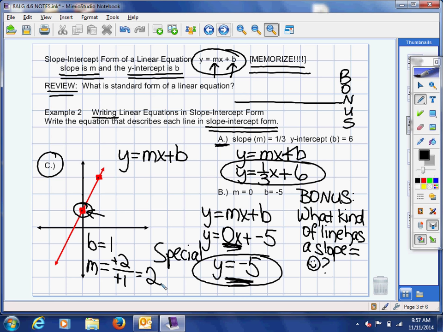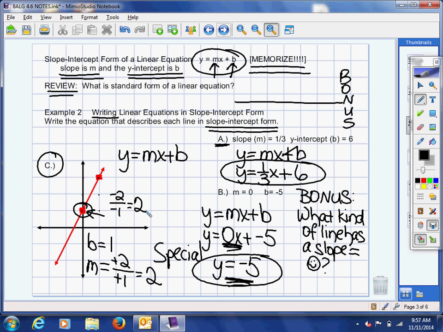Could you have started at the top point and worked your way down to the y-intercept? Of course you can. Let me show you what that looks like. You would go down 2, left 1. Down 2, left 1 is -2 over -1, and it still equals +2. Great job, guys.